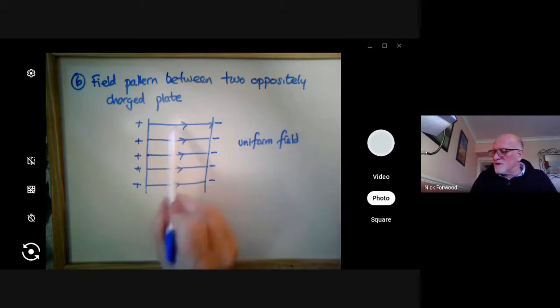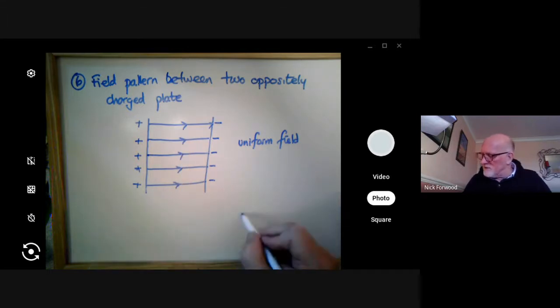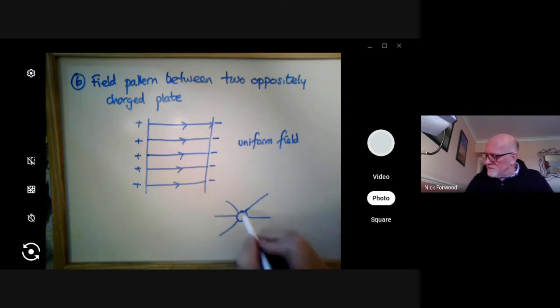Now, why is it uniform? Because these lines don't get any closer together. They don't get any further apart. Remember, all the other ones, the patterns look like this, where the field is quite strong here because the distance is close together. But when you get further apart, the field is weak. A uniform field is where the field has the same strength all the time.